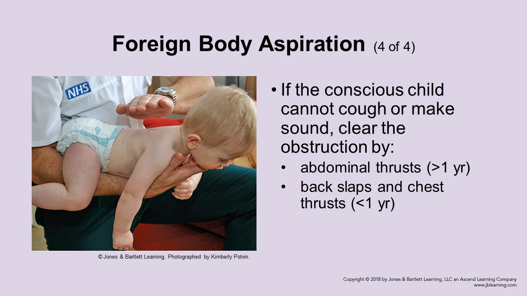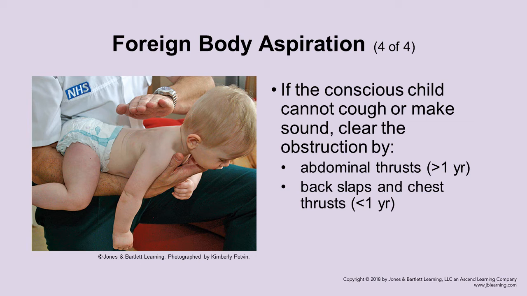Now, if a child progresses from a foreign body partial aspiration causing partial obstruction to a full upper airway obstruction, and your child becomes unconscious or cannot make any sound, then you need to proceed to maneuvers to try to dislodge the foreign body. And so in adults, this is known as the Heimlich maneuver, but in children we have two separate maneuvers which we can perform.